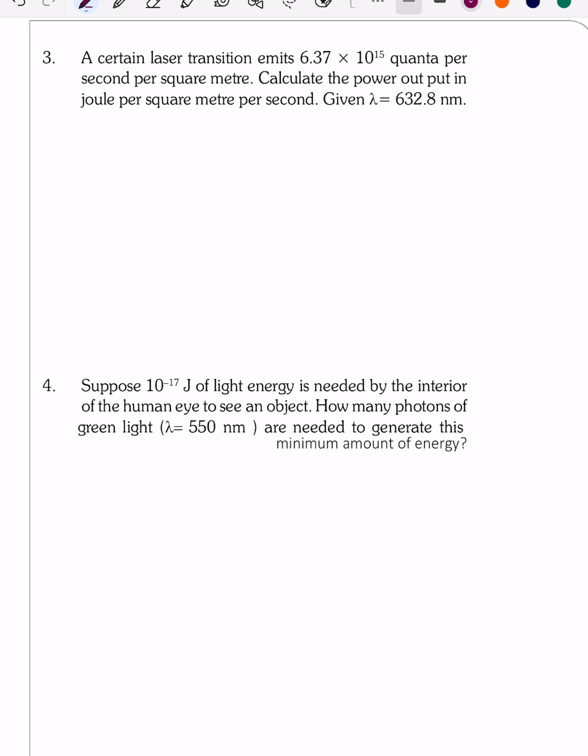Let's take up question number 3. It says a certain laser transition emits 6.37 into 10 to the power 15 quanta per second per square meter.